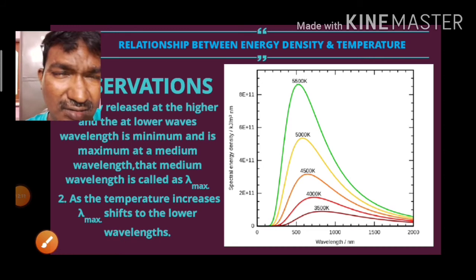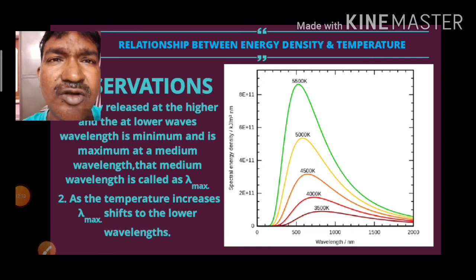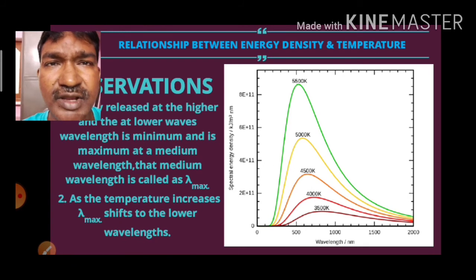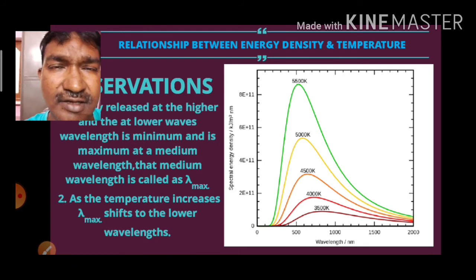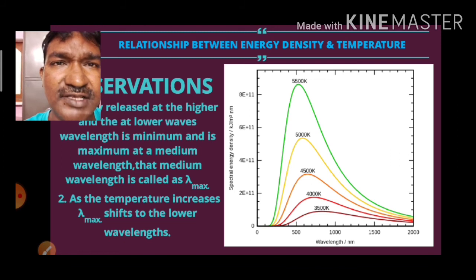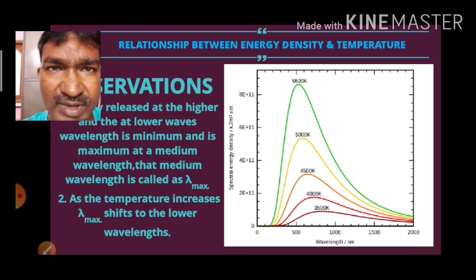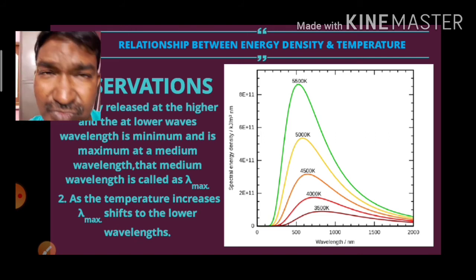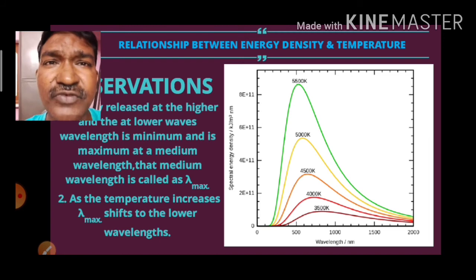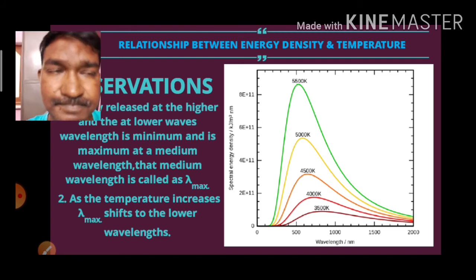The light that is absorbed by an object is released when it is heated. That means the same type of light is emitted or absorbed by an object. So from this point of view, we can say that a black body emits all types of radiations when it is heated.